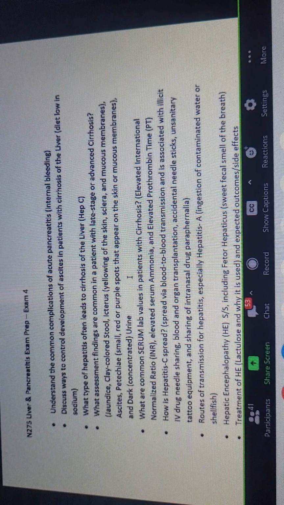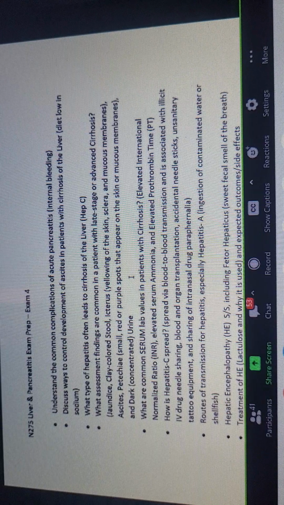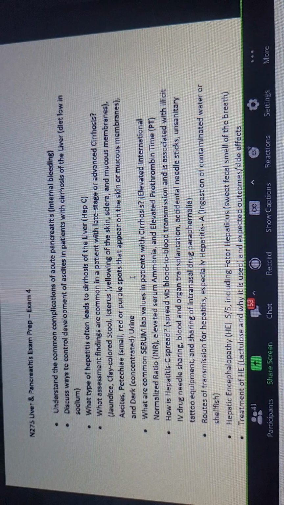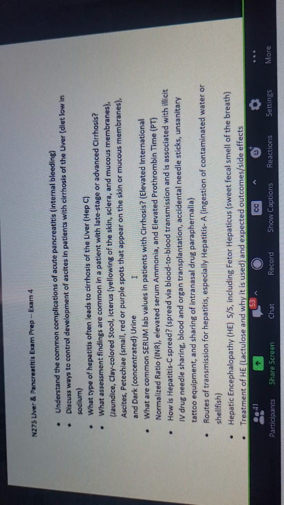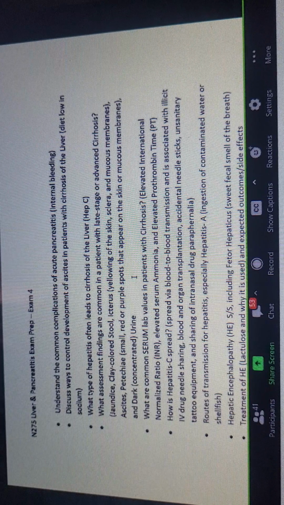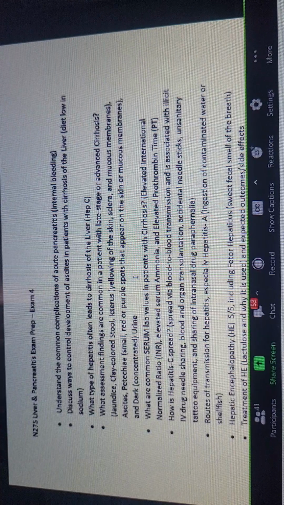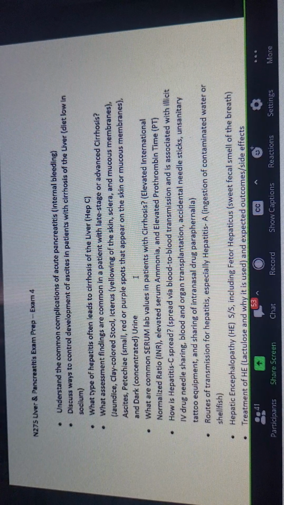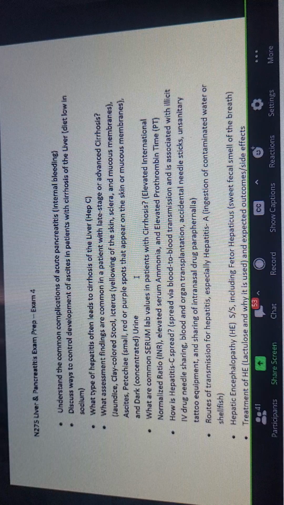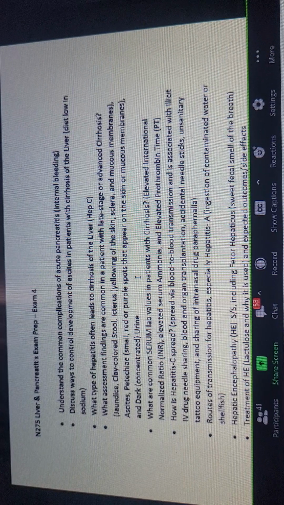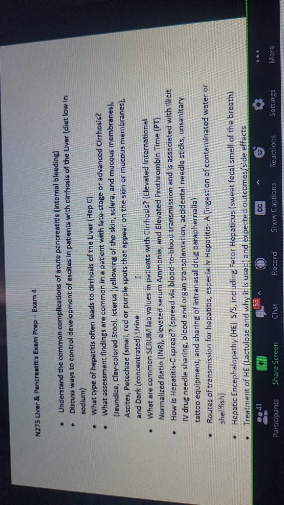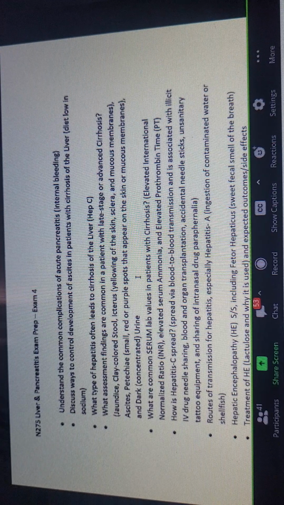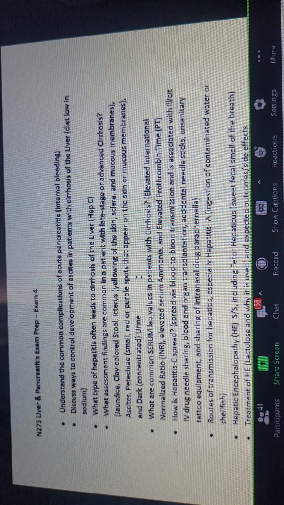So what are some common serum lab levels in patients, right? You have to remember, in certain circumstances, if you're looking at your BUN as a source of whether or not a person's hydrated, the BUN and creatinine in serum could be different than the BUN and creatinine in urine, right?